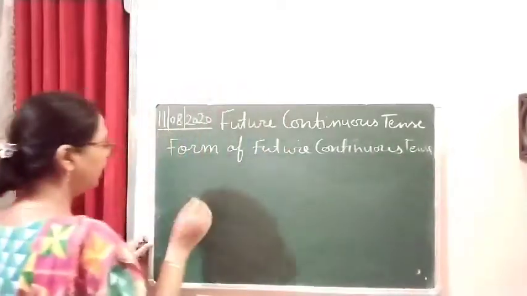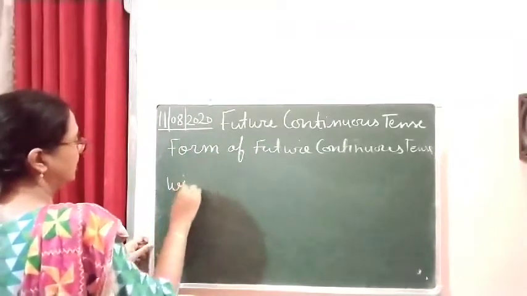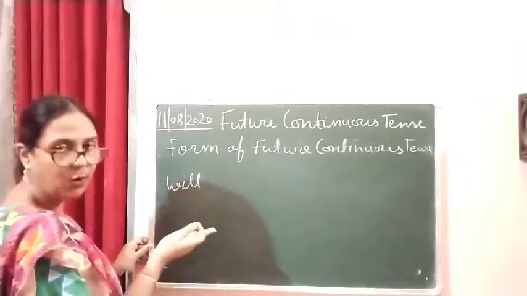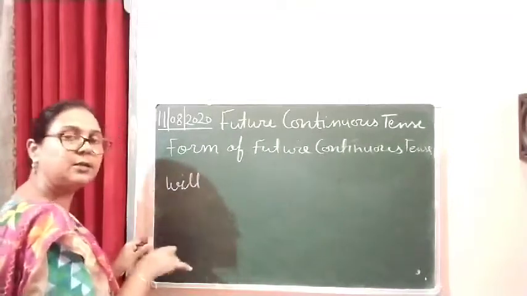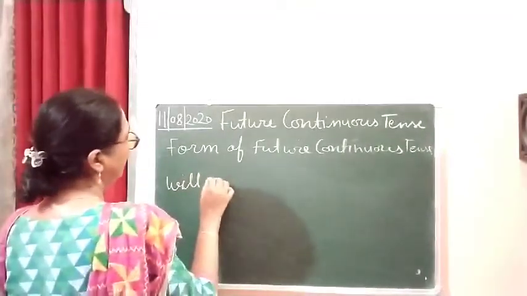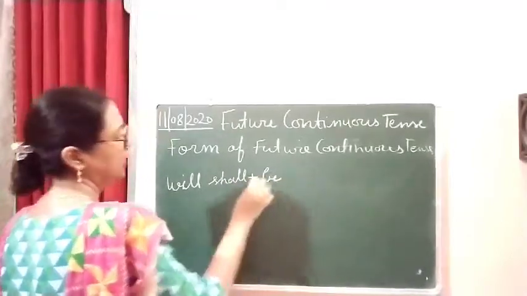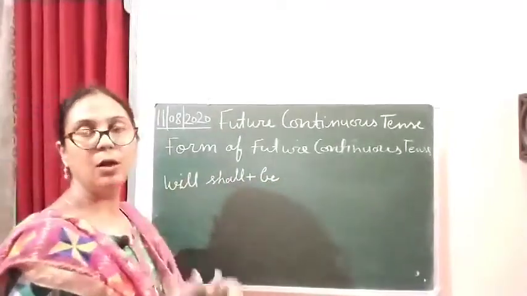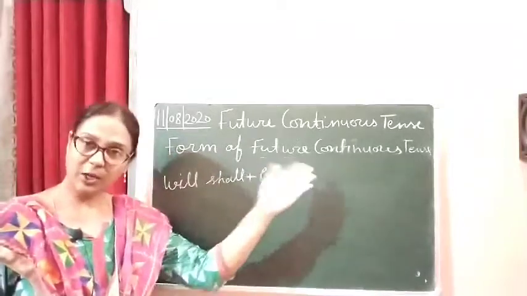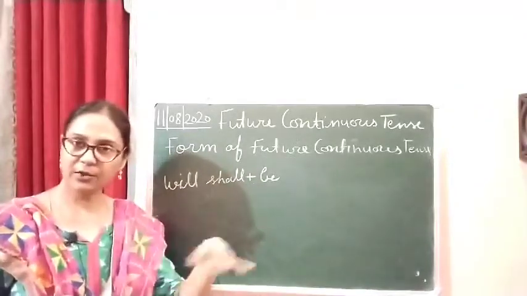Now here, first of all we have to learn that will and shall are always there because this is future tense. So will and shall plus be. This we have to always remember because it is continuous tense, so it is continuously in motion.